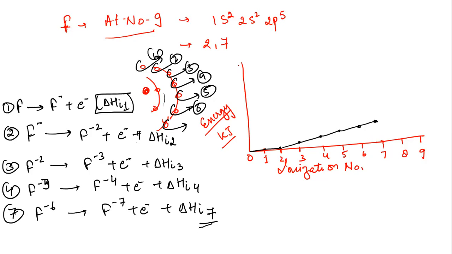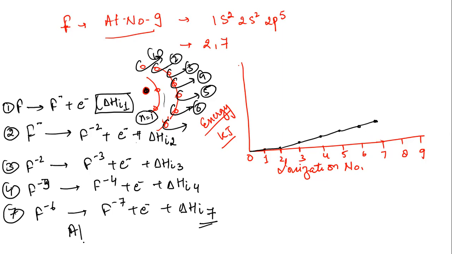Now, in that case, all these 7 electrons are removed. Now we are moving to n equals 1, the first shell, to remove an electron. This first shell is closer to the nucleus, so it has more force of attraction (FOA).